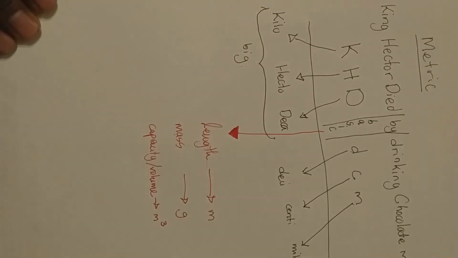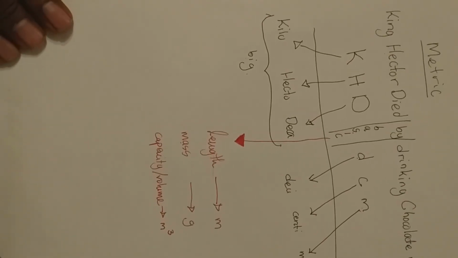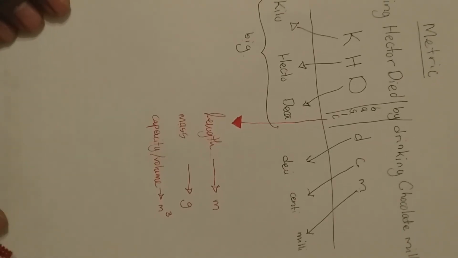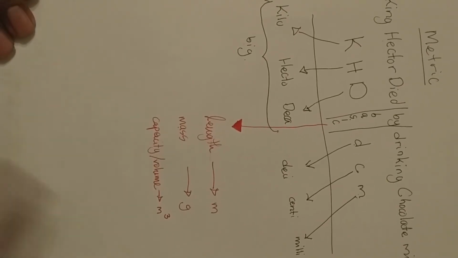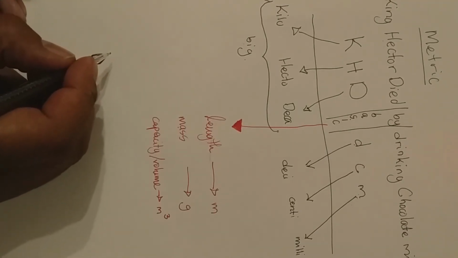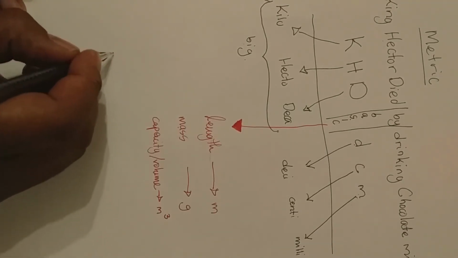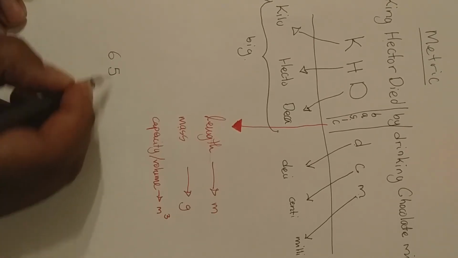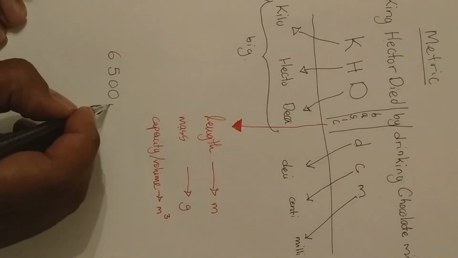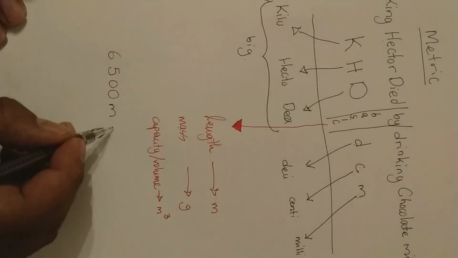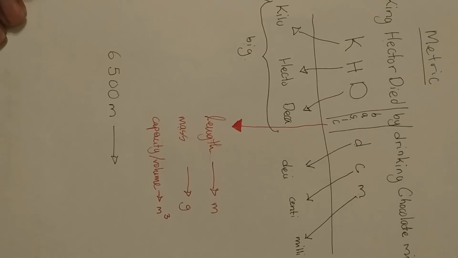This is all nice and dandy, but if we don't know how to use it, then it's just another tool. So let's have an example. Let's suppose we are required to find out how much is 6,500 meters in kilometers, km.